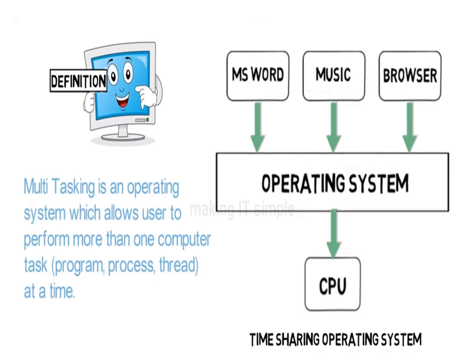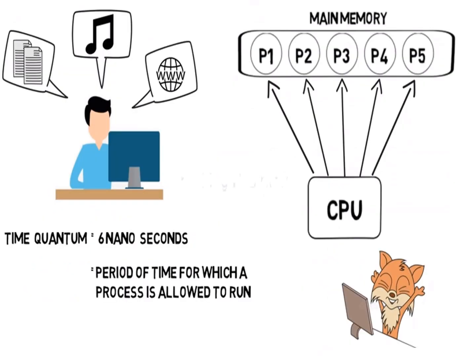So how is this possible? Here the operating system will share the time. Each task has to be done within its time quantum, and then it will switch immediately. When you see this, it is not that the processes are truly done simultaneously. Here, say 5 tasks are given: P1, P2, P3, P4, P5.